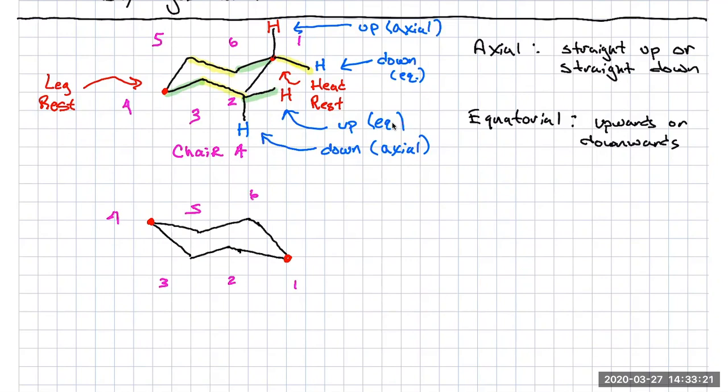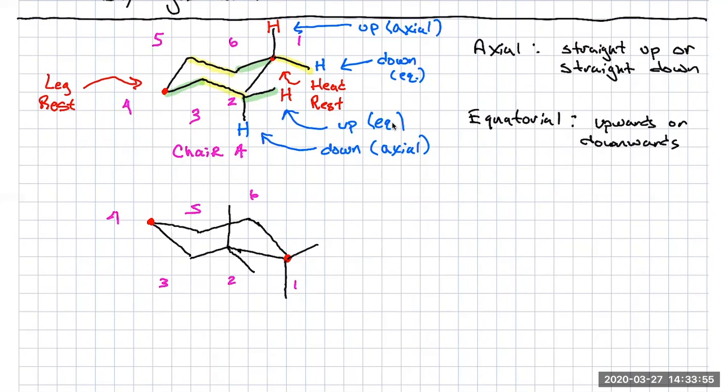And so now I can think about putting in my bonds at carbon 1 and 2. So carbon 1, we're going to have an upward position, equatorial, and a straight down axial. At carbon 2, the up is going to be axial now, and the equatorial will be downward. And so if we put in the hydrogens now, let's start with the red hydrogens from the last chair. The red hydrogens that were axial become equatorial.